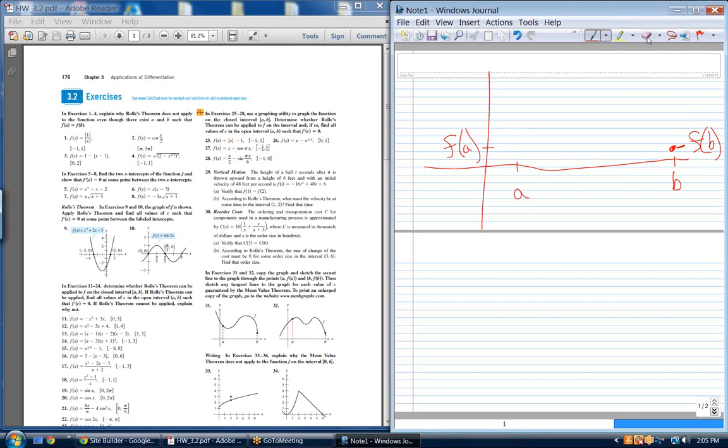The mean value theorem was just included while we're talking about it.